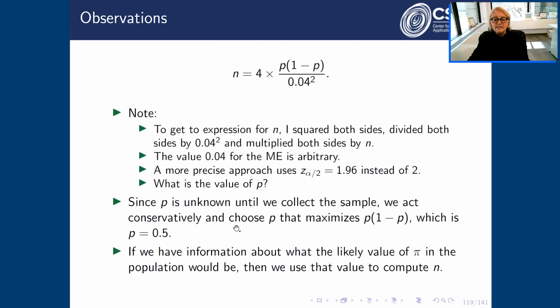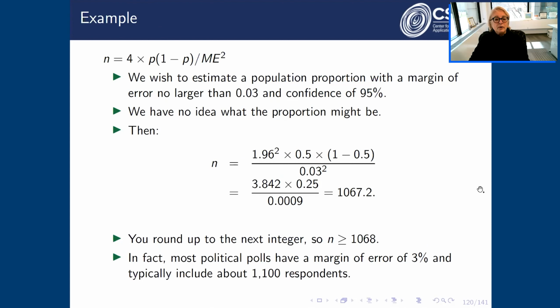And the worst case scenario is p equals 0.5, because that is the value of p that maximizes this piece of the equation, and for which I'm going to need the larger sample size. So normally I would plug in 0.5 here and compute n. This is what that expression looks like.